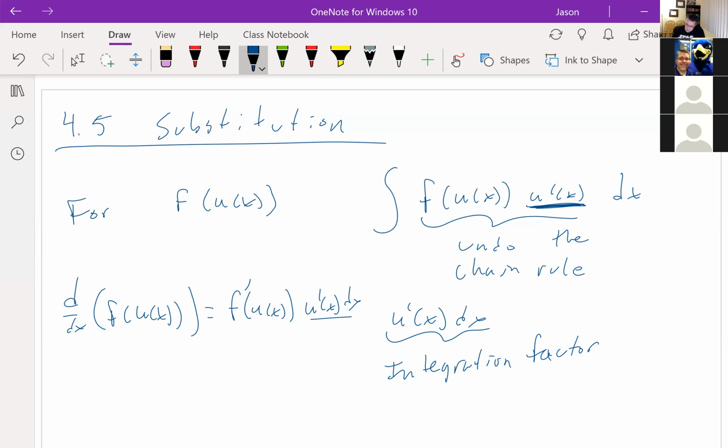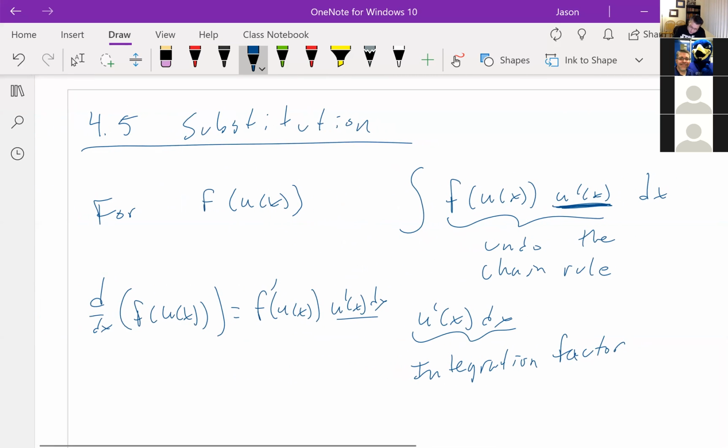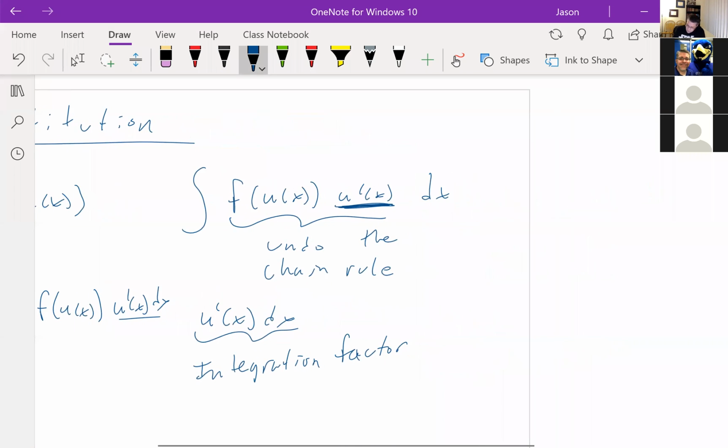I should make this a capital F. Then I can imply that little f is the derivative of capital F, or capital F is the antiderivative. This is going to equal F of u of x plus c. Remember the plus c? Always plus c.